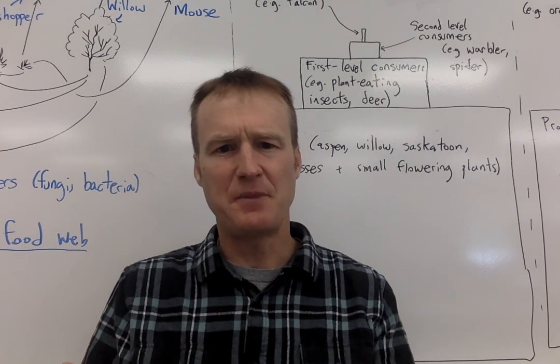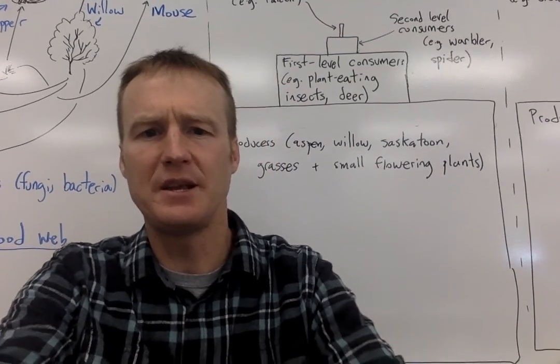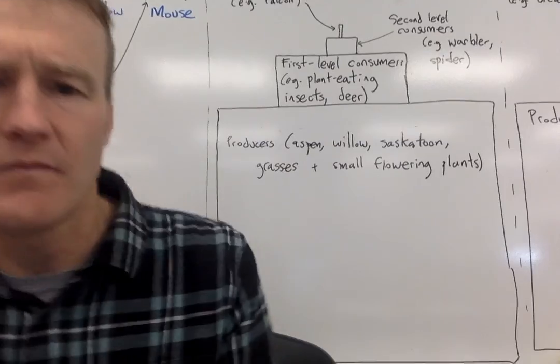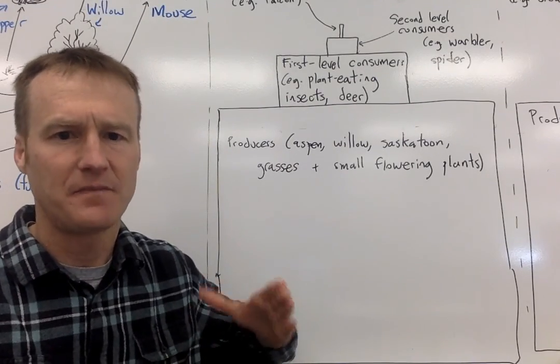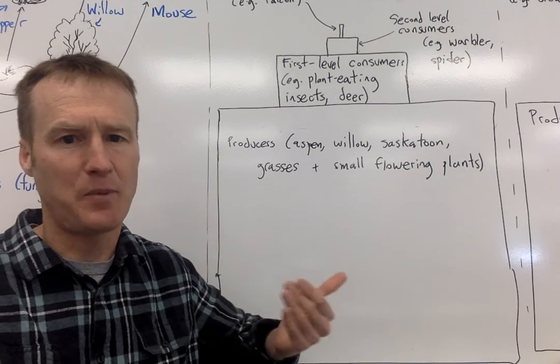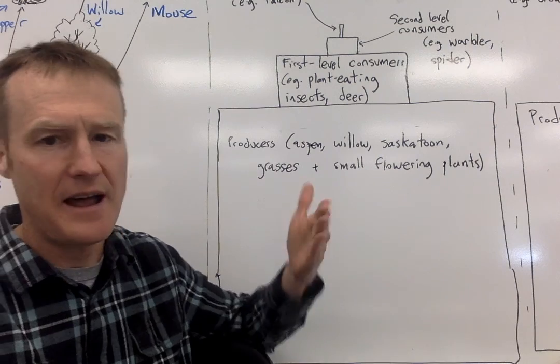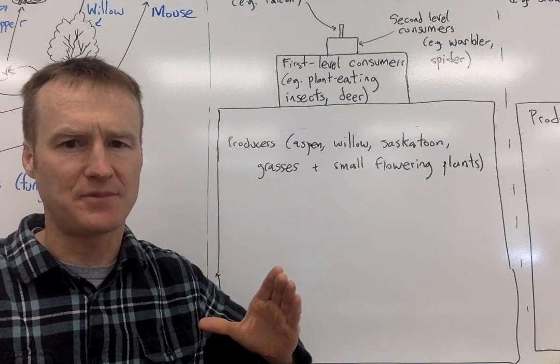And the name energy pyramid is not a perfect name because they're not really pyramid shaped. It's better to show it as a bunch of stacked blocks. The bottom stacked block has the producers, like the plants. And the bottom stacked block is really big relative to everything else that comes after it.